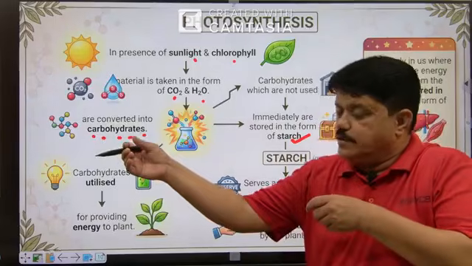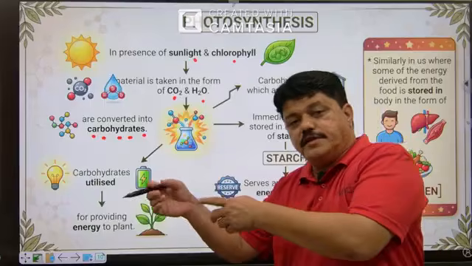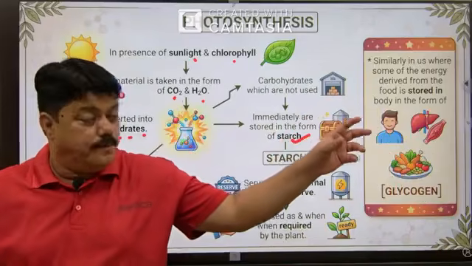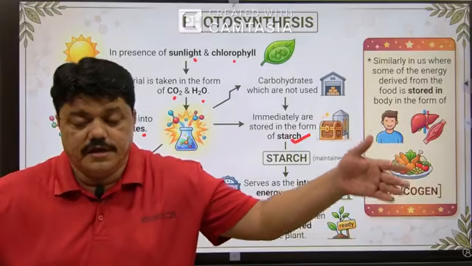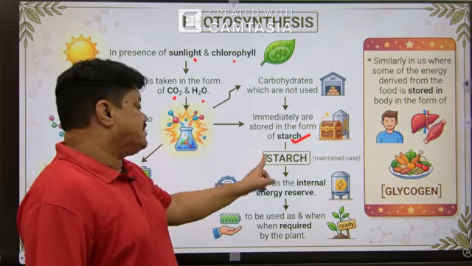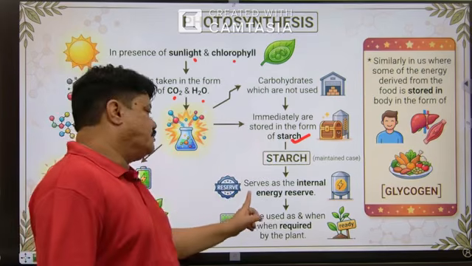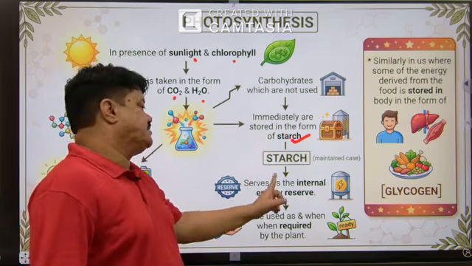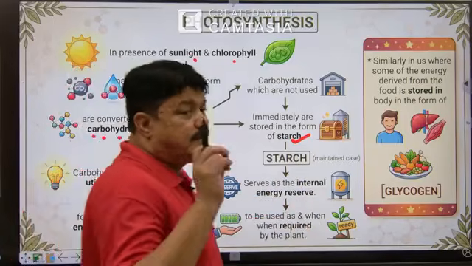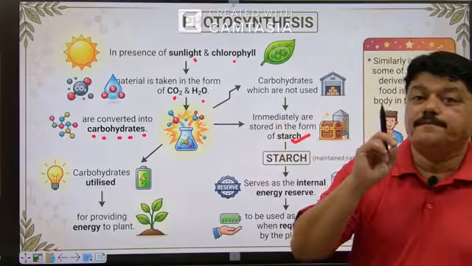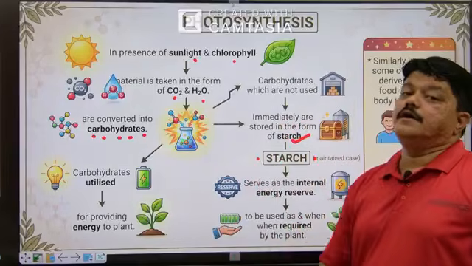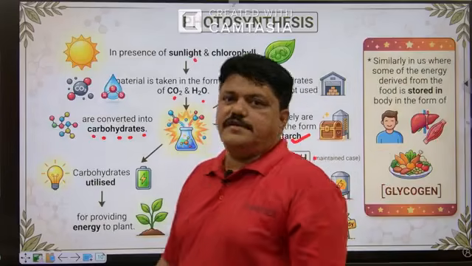Excess glucose molecules bind with each other with the help of glycosidic bonds and make a polymer of glucose. This polymer of glucose is called starch. Starch serves as the internal energy reserve of the plant, and so far it is the internal energy reserve.